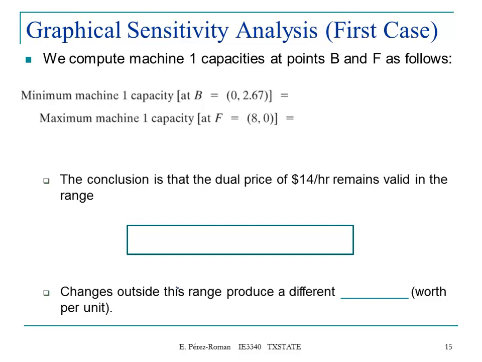So the minimum machine 1 capacity at B, which is the left corner, that point B is x1 equals 0, x2 equals 2.67. So I'm going to use the constraint for the capacity of machine 1 to compute the capacity. So that constraint is 2x1 plus x2. This is coming from the machine 1 constraint.